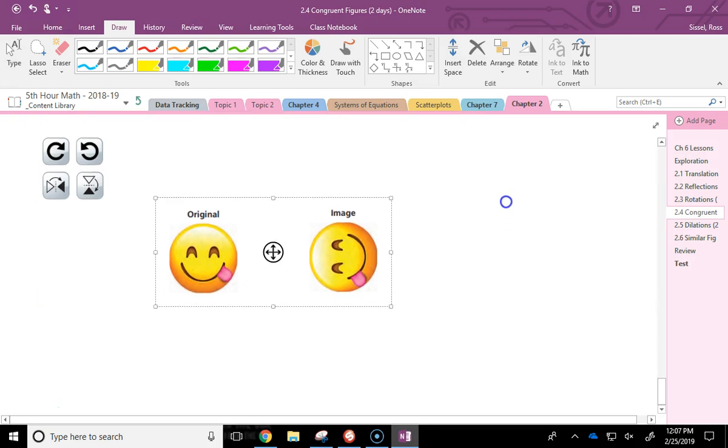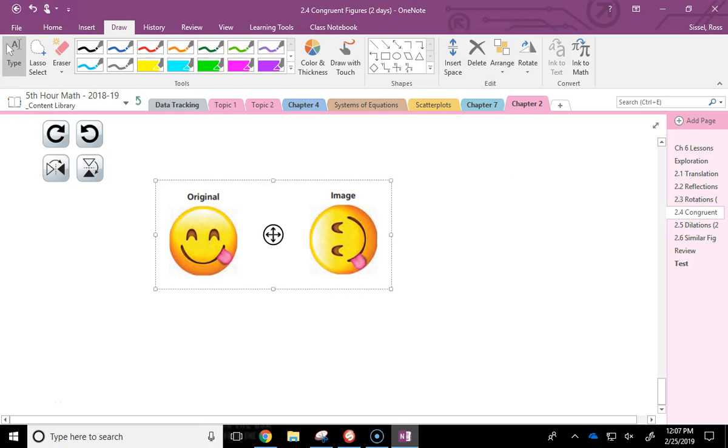On this, we weren't translating, we're not moving. We're just saying, we're going to do this one to make it look like that one. So we only looked at rotation and reflection. If we turn it counterclockwise like we said, the image would have been where the eyes were here, smiles here, but the tongue was out up here.